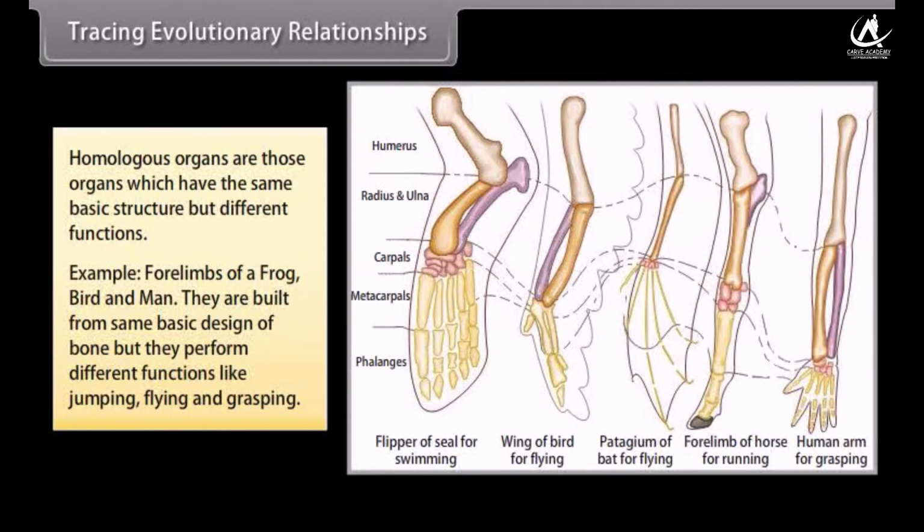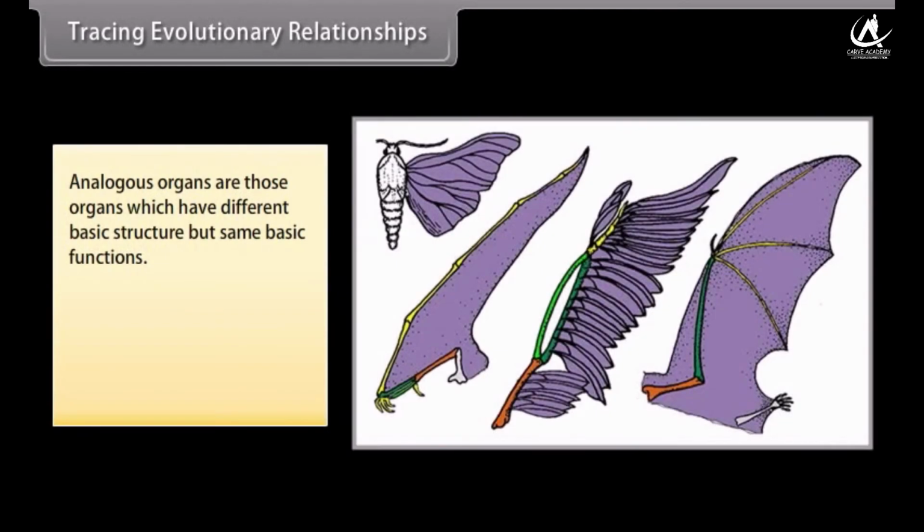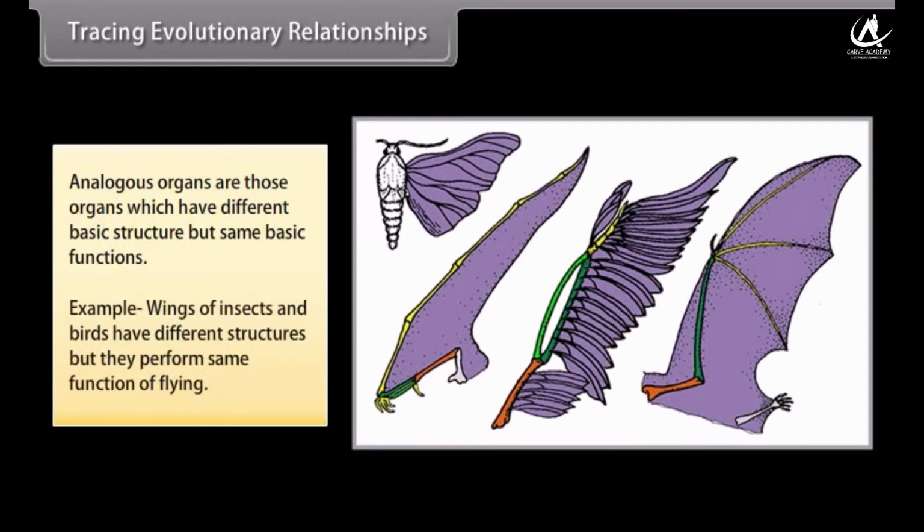They are built from the same basic design of bone, but they perform different functions like jumping, flying, and grasping. Analogous organs are those organs which have different basic structure but the same basic functions. Example, wings of insects and birds have different structures, but they perform the same function of flying.